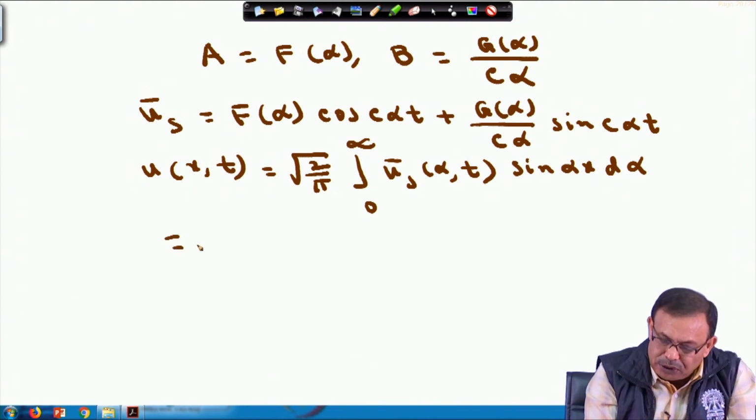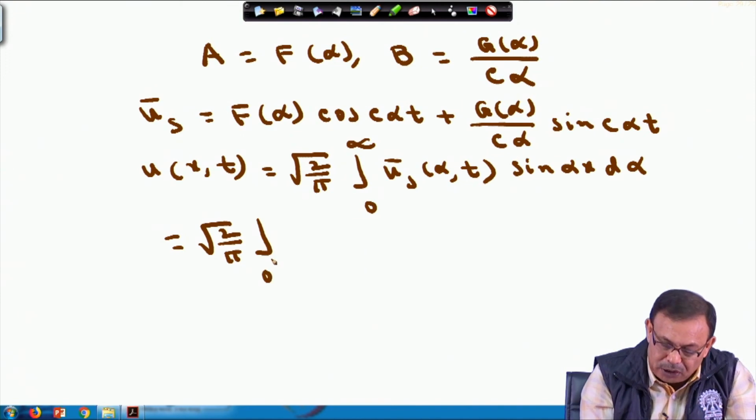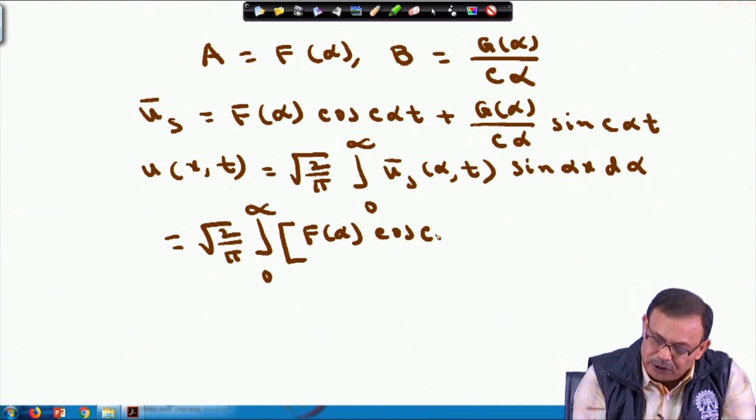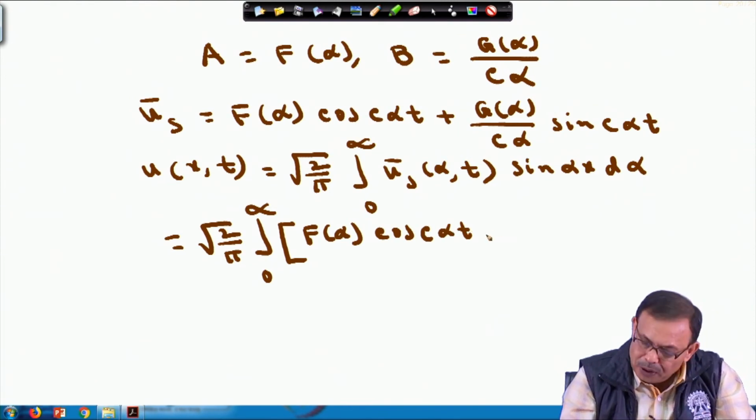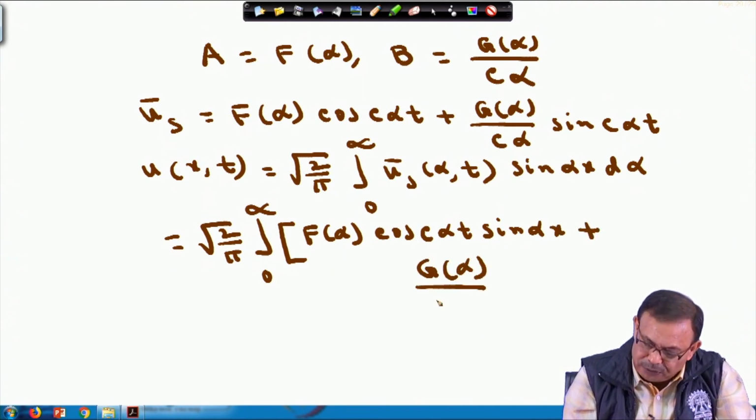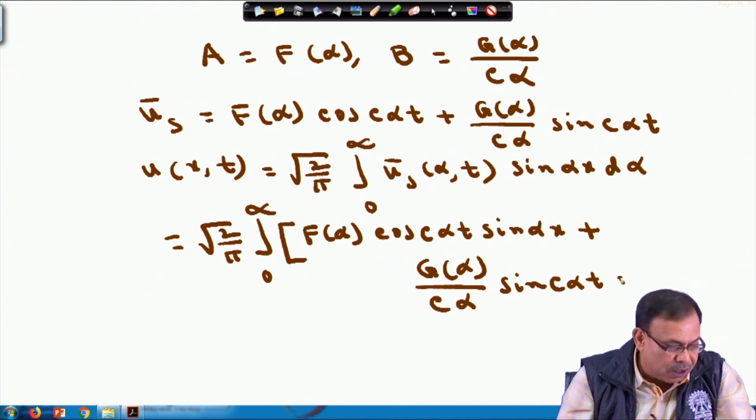If you substitute the value of u bar s alpha t, you will obtain F alpha into cos of c alpha t into sin alpha x plus G alpha by c alpha into sin c alpha t into sin alpha x d alpha.